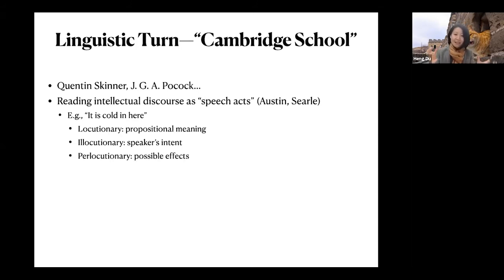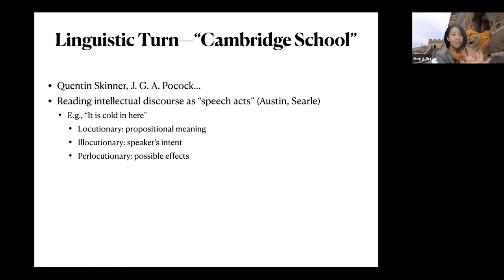And then the perlocutionary aspect of this utterance focuses on the possible effect of this utterance. So if I say it in a room with a thermostat, maybe I'm hoping someone would turn up the thermostat, whereas if I'm saying this in a room where a window is open, maybe I'm hoping someone would close the window.